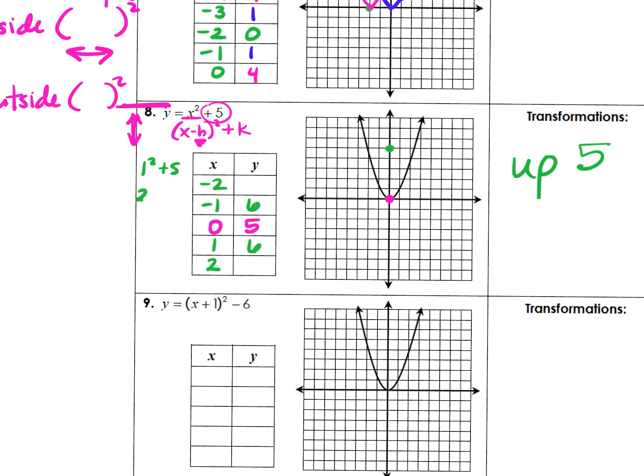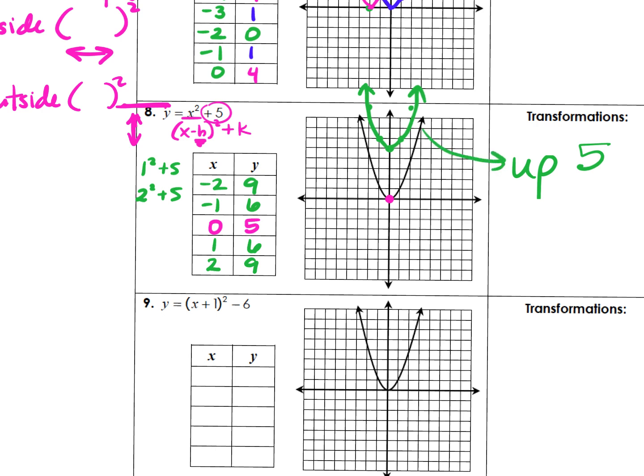If I plug in a 2, 2 squared plus 5 is 4 plus 5, so 9 and 9. If you graph that, 1, 6, negative 1, 6, 7, 8, 9, 7, 8, 9. Your graph moved up 5 units.